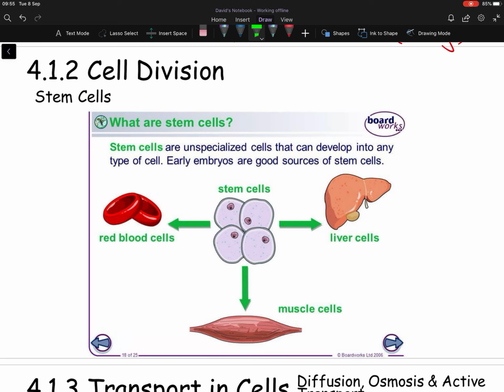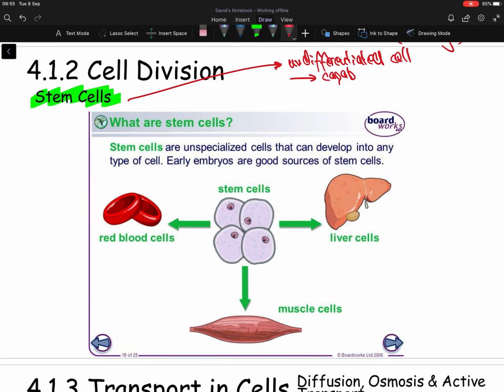Now, a stem cell itself, in terms of if we were going to define it, it's an undifferentiated cell of an organism, and it's capable of producing cells of a specific function.